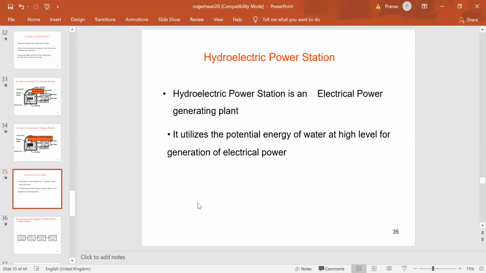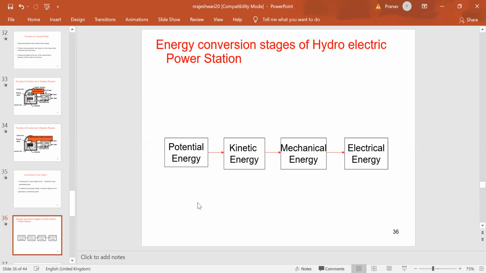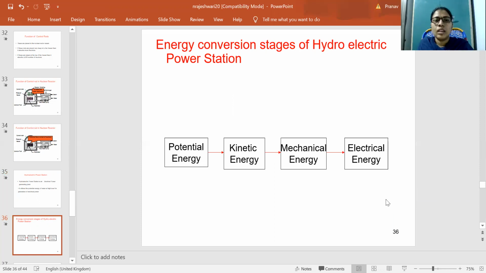Coming to the energy conversion stages of a hydroelectric power station, the potential energy is converted into kinetic energy, this kinetic energy is converted into mechanical energy, and this mechanical energy is converted into electrical energy.